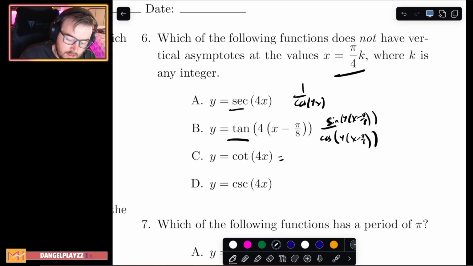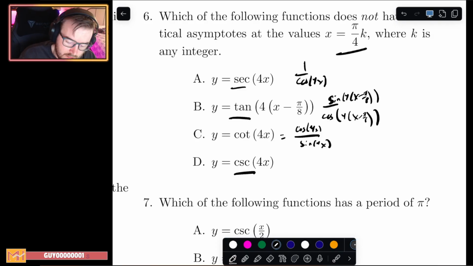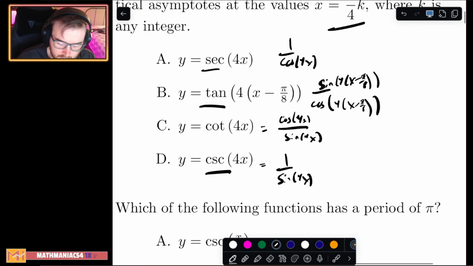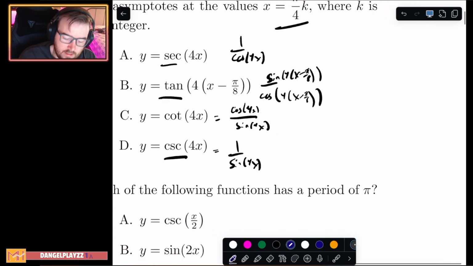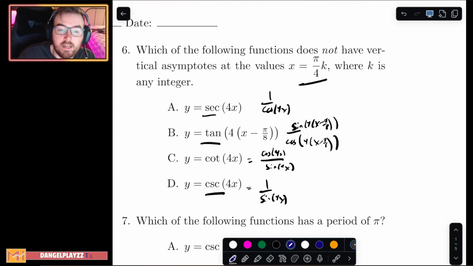Okay. This one is dividing by sine. And this one is dividing by sine as well. Okay? So which of these is not, so let me rephrase this.